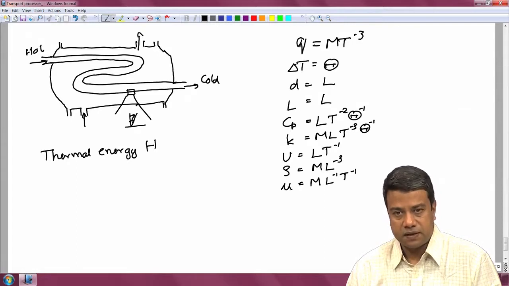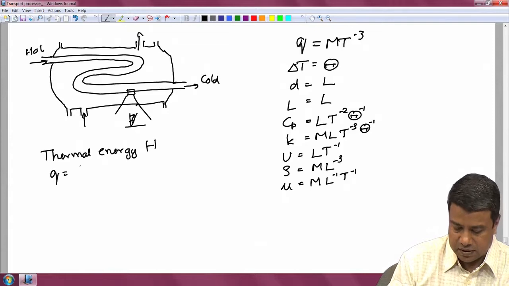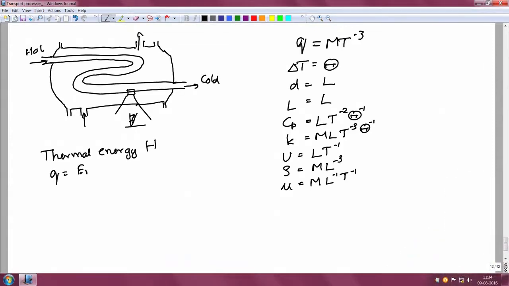So, what is the heat flux in terms of the thermal energy? The heat flux is equal to energy transferred per unit area and unit time. So, therefore, this will have dimensions of H L power minus 2 T inverse.